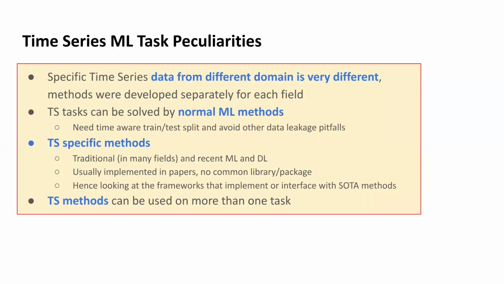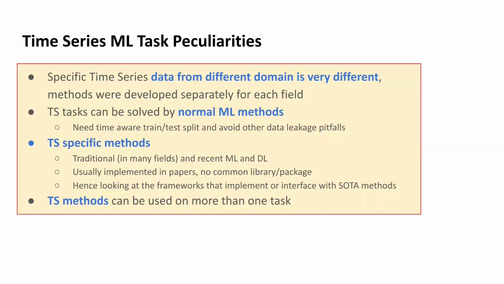As I said, time series has been studied for a long time. There are a lot of traditional methods for time series, like ARIMA or exponential smoothing, and a lot of other methods not for prediction, not for forecasting. And recently, there are a lot of methods done with deep learning that are specific for time series.